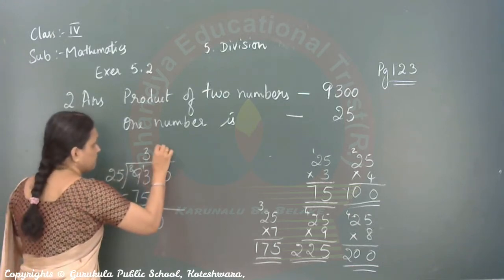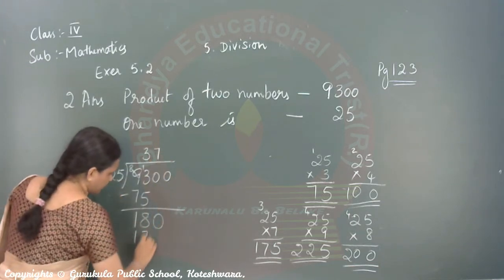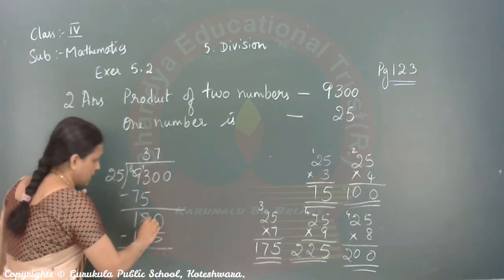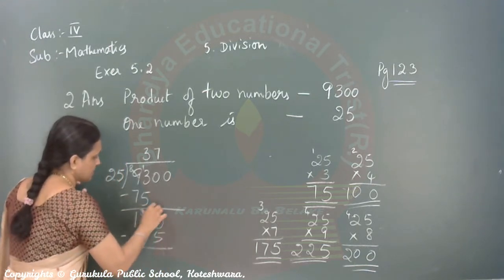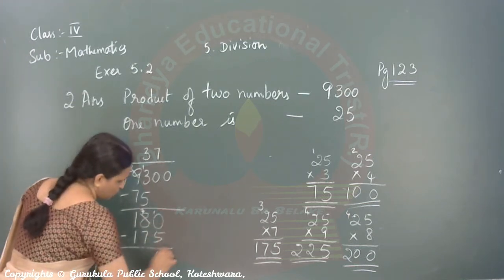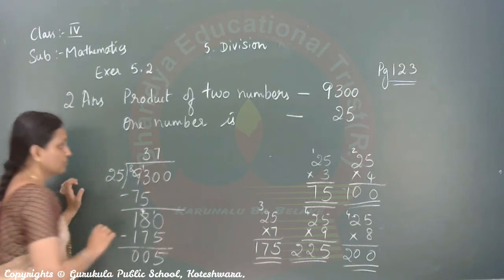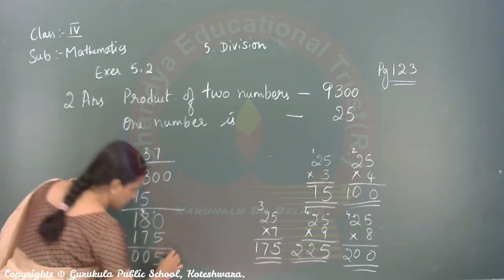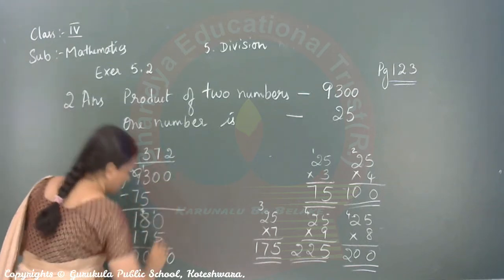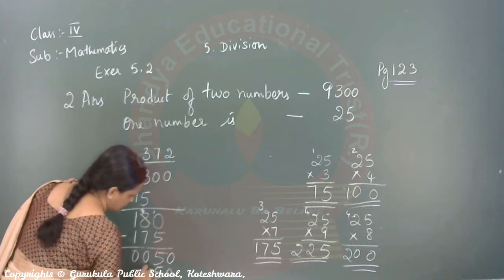So, 25 7s are 175. Subtract. 8 you cancel, make it 7. 1 borrow. 10 minus 5 is 5. Now, one more 0 is remaining. Bring it down. 25 2s are 50.